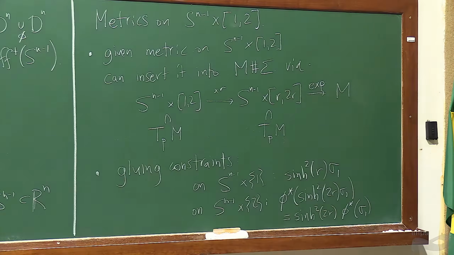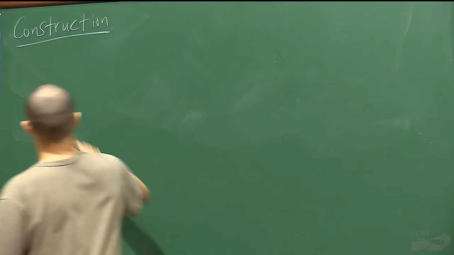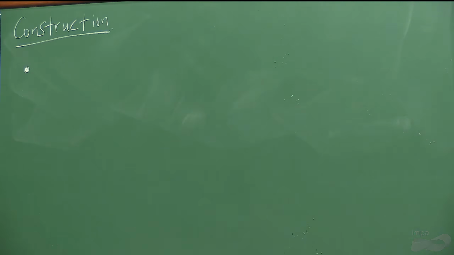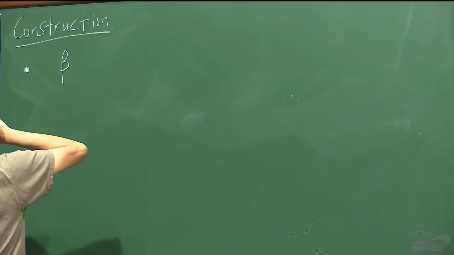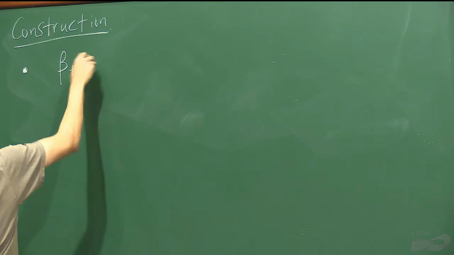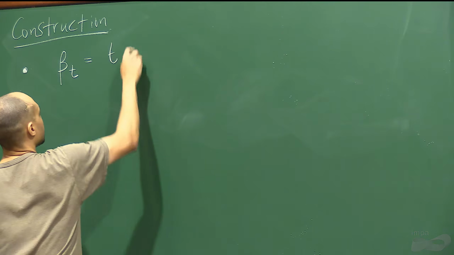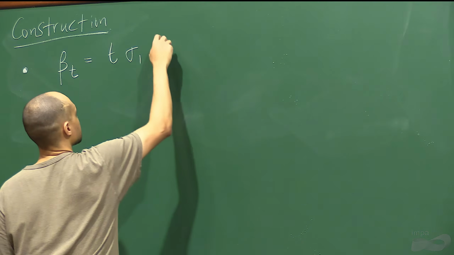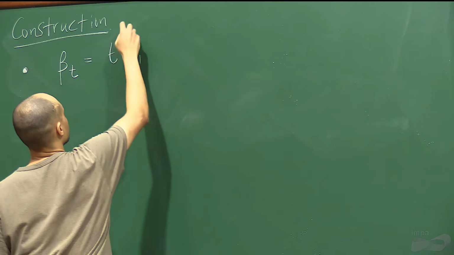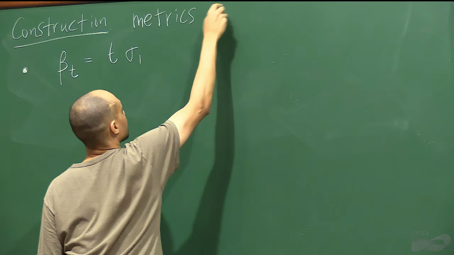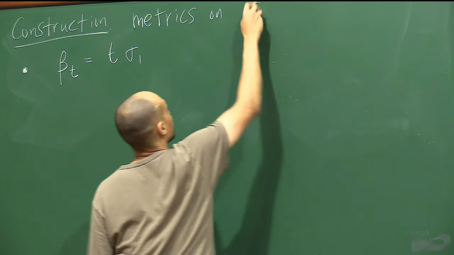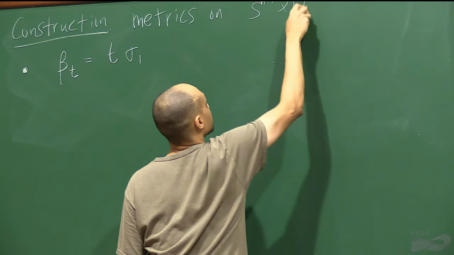So let's start by defining beta t as follows. So these are metrics on this annulus.